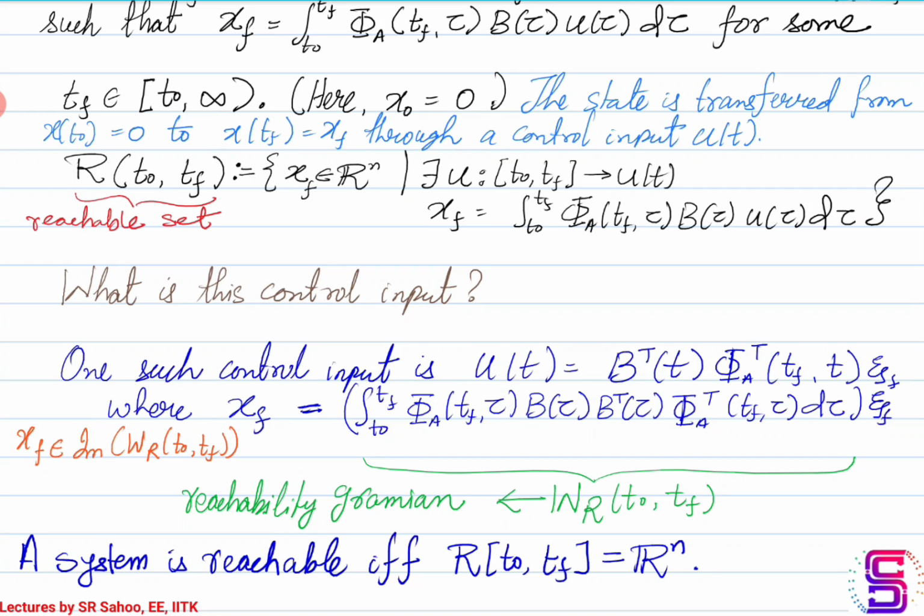As I said, if you note, WR(t0, tf) is of the size n cross n. We can verify. Phi is of the size n cross n, B is of the size n cross m, B transpose is of the size m cross n, and phi A transpose is of the size n cross n. So the product of this and the integration of that is going to be n cross n. The product of phi B, B transpose, phi transpose integrated over t0 till tf gives you the reachability Gramian.